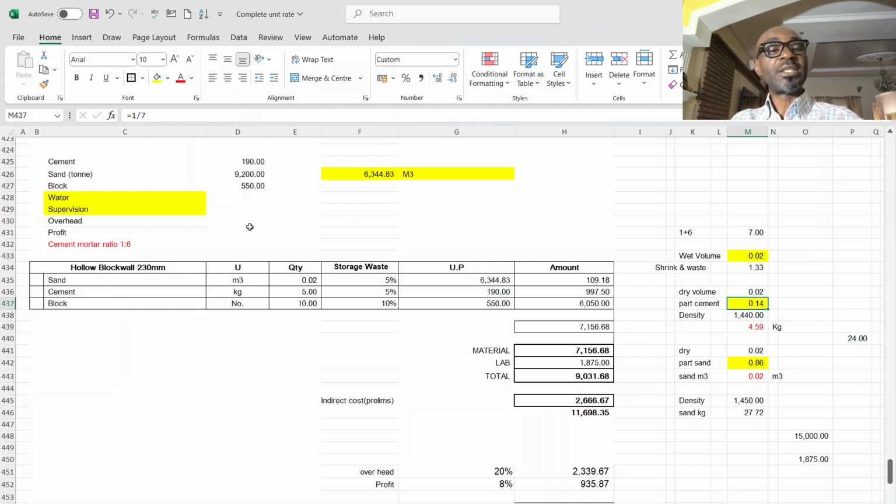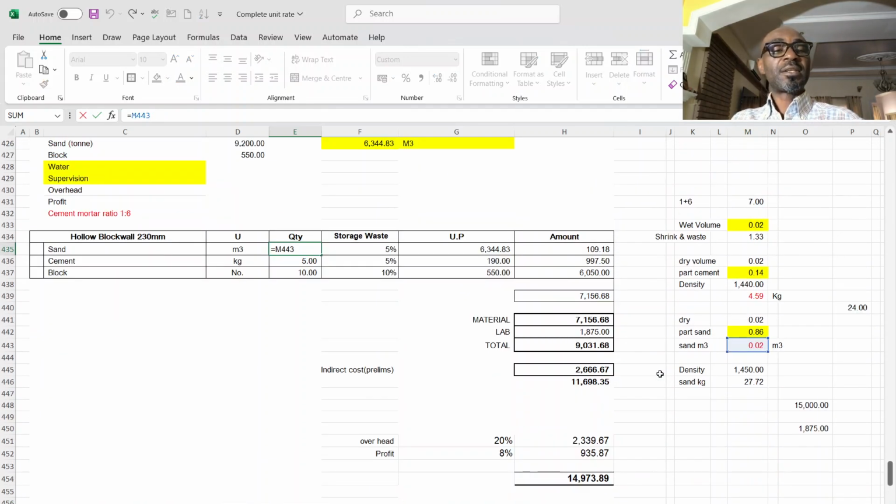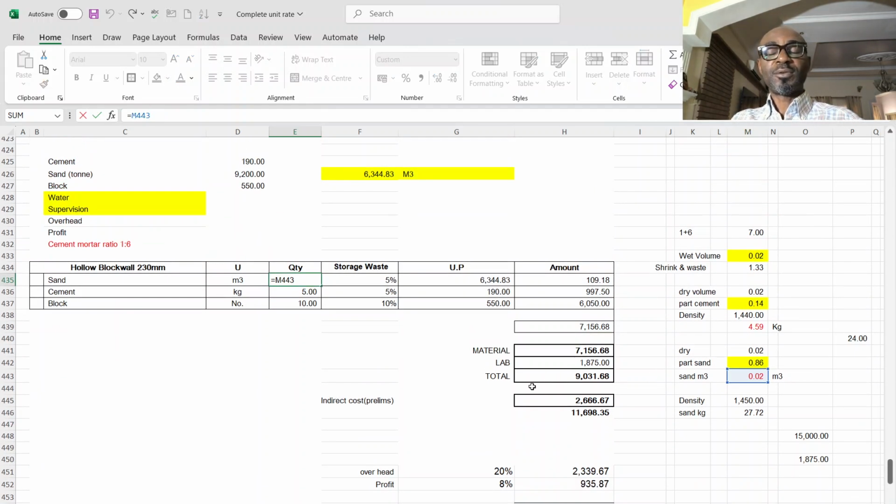Then if the ratio changes, if it is now ratio 1:4, you change this one to 4, and this to 5 as against 4. Then here too, you put 4 here and 5 will be here. Then everything will compute itself and link, it already links to this place. So with this, you have your rate handy.